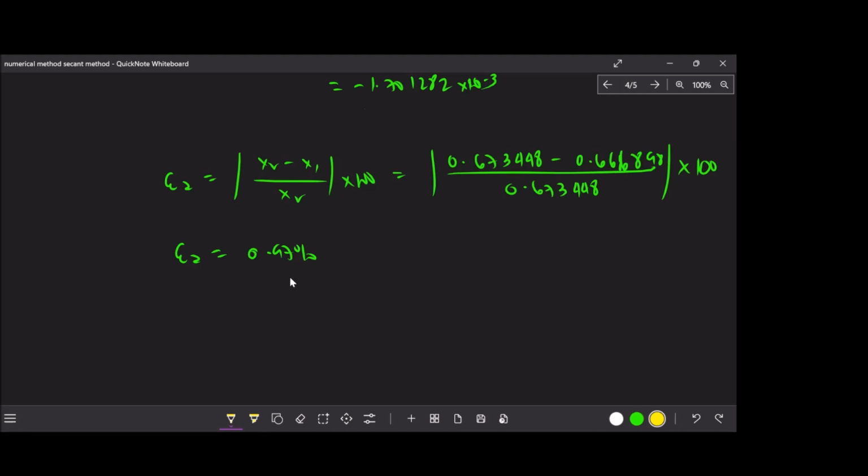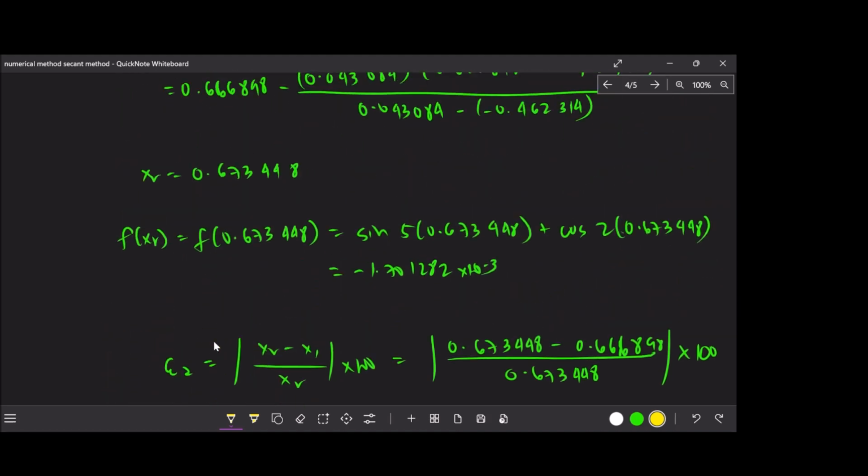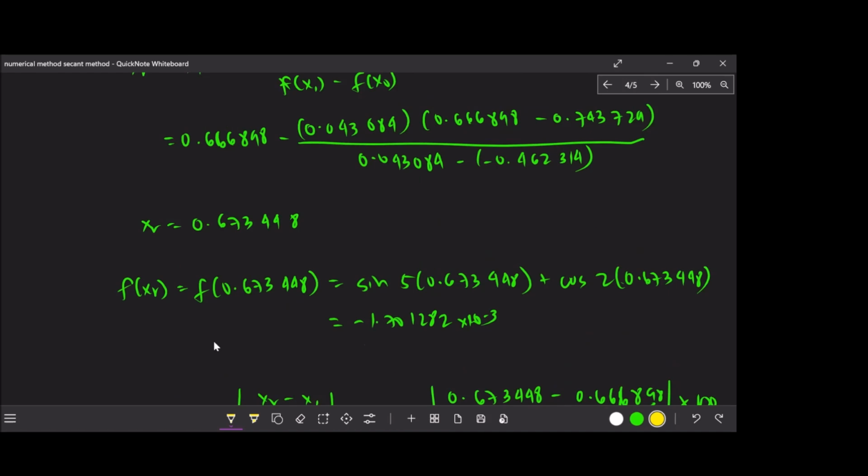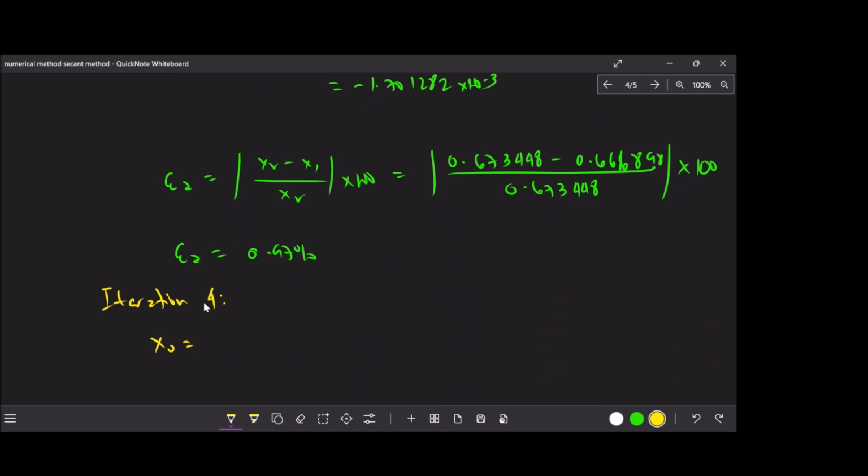So we are still on the stopping criteria. So iteration 4. Our x0 now is equal to 0.66898, and our x1 is equal to 0.673448.